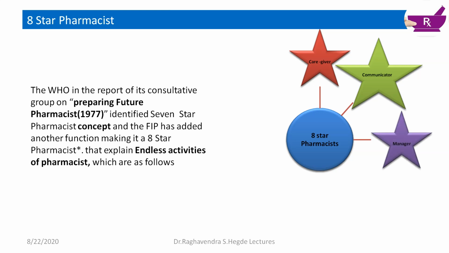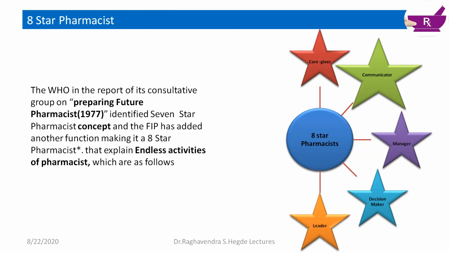Pharmacist can become a manager to manage health resources and information effectively. Pharmacist can work as decision maker for appropriate, efficacious and cost-effective use of health resources. Pharmacist is a leader to lead the multidisciplinary team including other healthcare providers. Pharmacist is a lifelong learner.